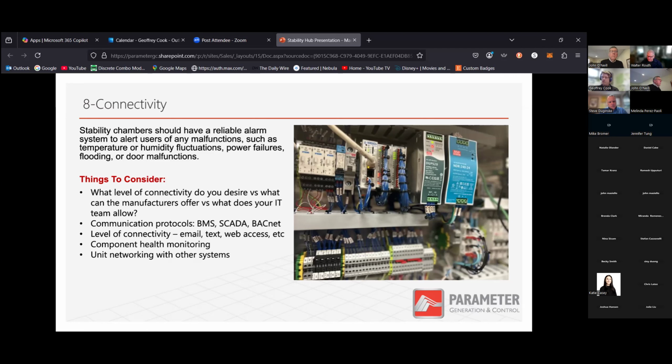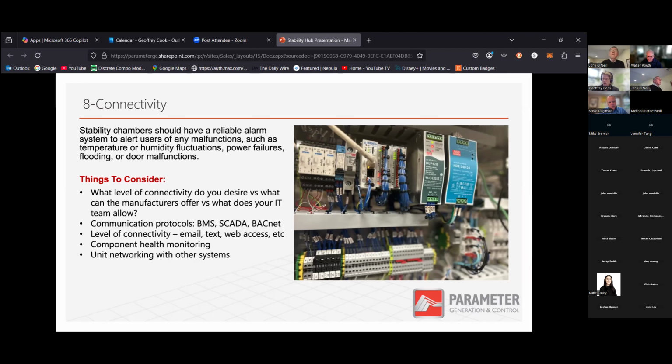Even if it's not a malfunction, it could be a simple mistake that someone left the door open. You want that alarm to notify you as soon as possible so that you don't run into an out of spec situation. So you have to consider the level of connectivity that you want. Does your vendor provide connectivity at all? And you as the user, what level of connectivity do you want?